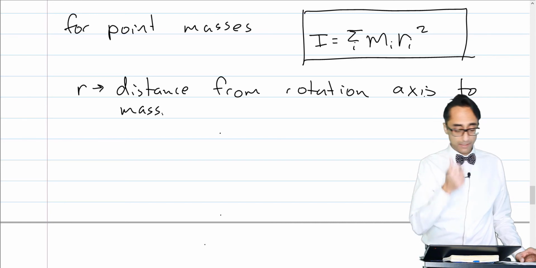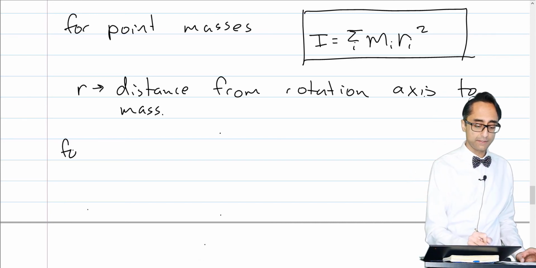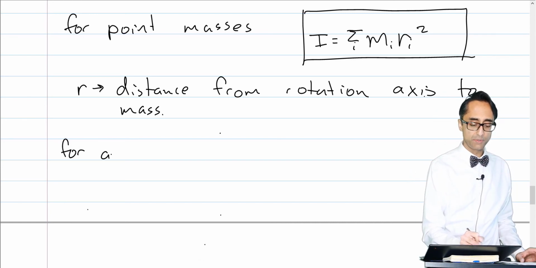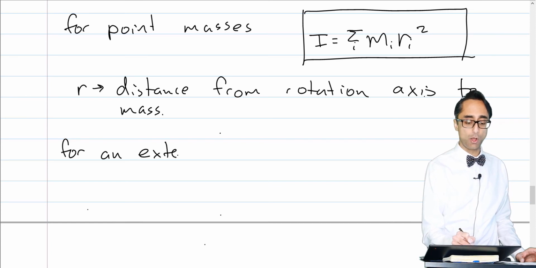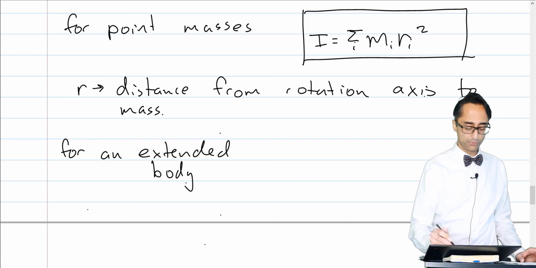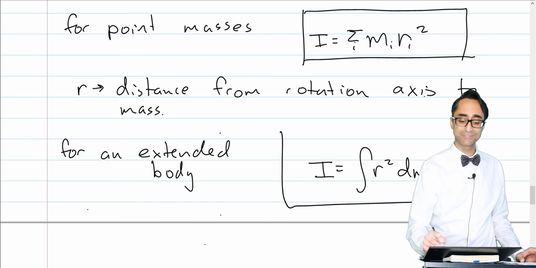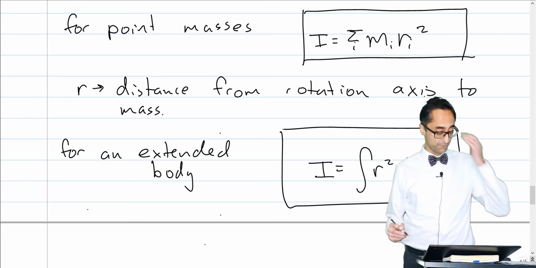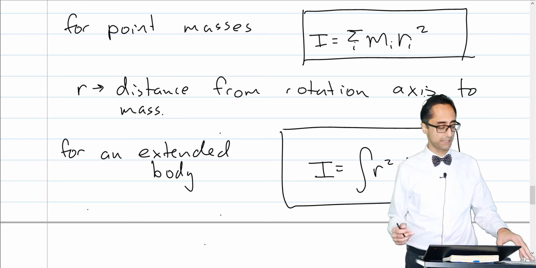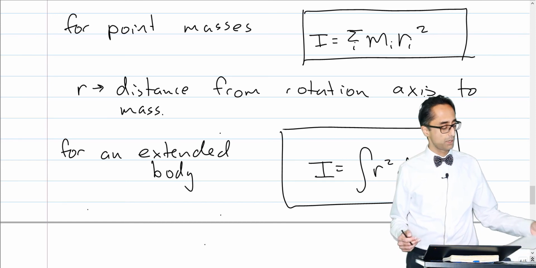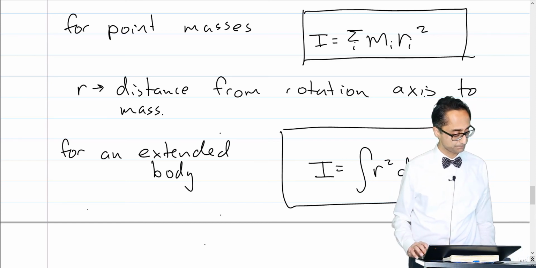We can figure out the moment of inertia for some object through the very general equation: the moment of inertia is equal to the integral of r squared dm. We will not be using that due to time limitations, but it's just there for your notes.